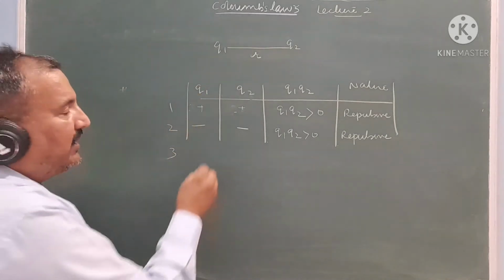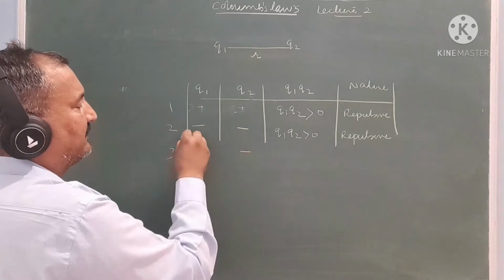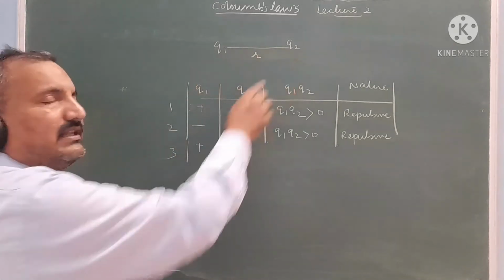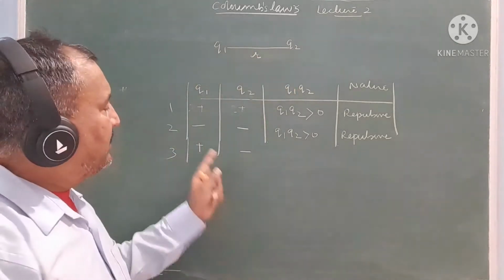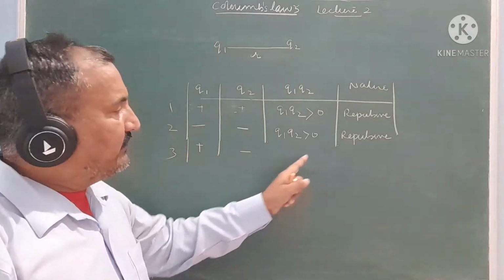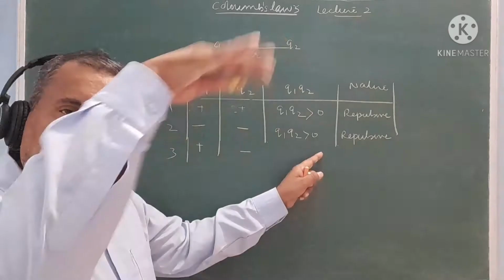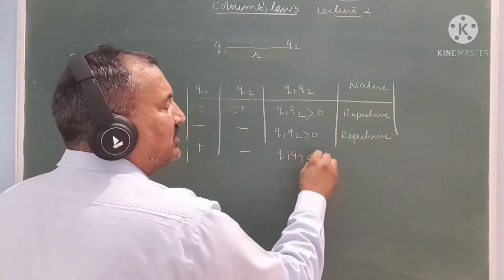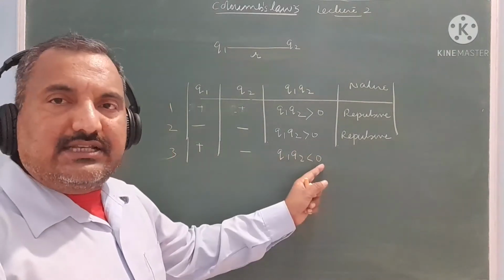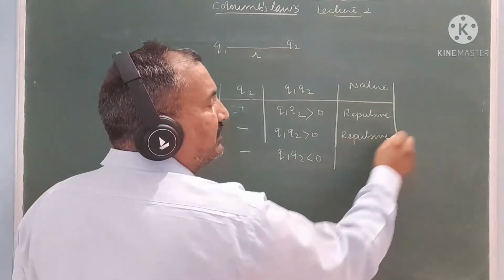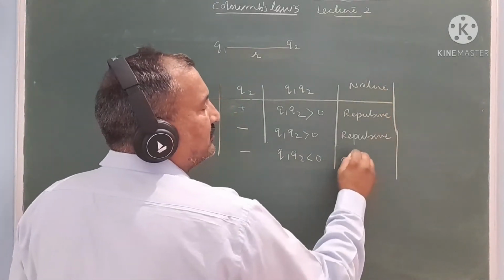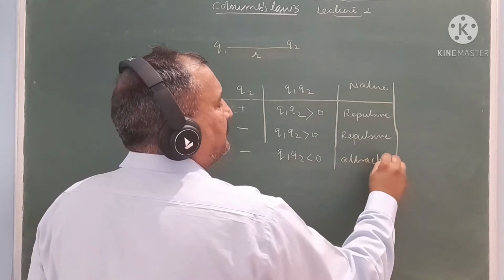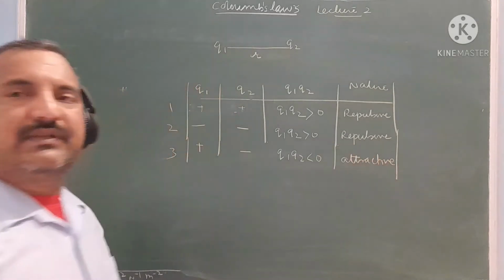Third case, if one is positive and the other is negative. If this is positive, then this is negative. Then positive into negative will be negative, and negative means less than 0. Therefore, Q1 Q2 is less than 0. If this condition is less than 0, then the nature of force will be attractive.